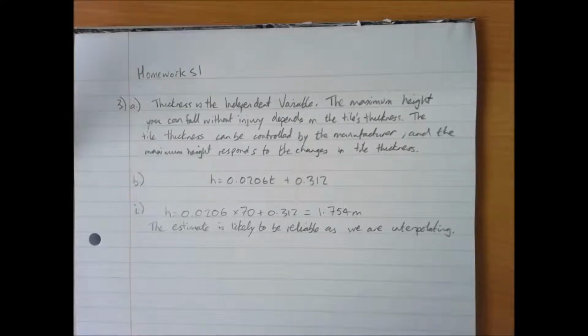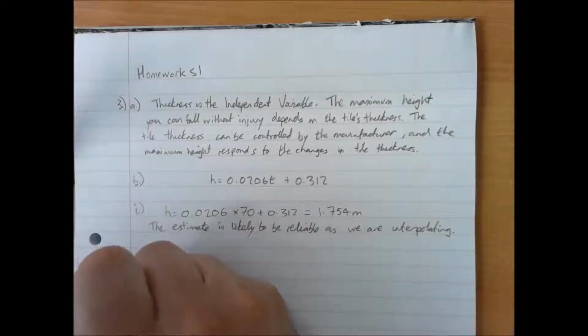But if you do that, it's really important that you refer to the variable, that you do have to refer to thickness or 70 or t. You cannot just say it's reliable because it is within our range of data. And you can't also refer to the height being within our range of data. It has to be the independent variable, or our x variable, in this case t.